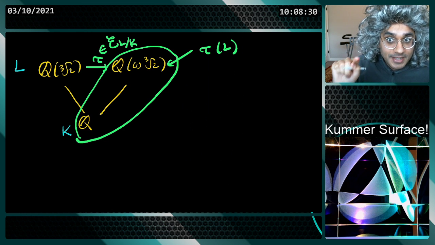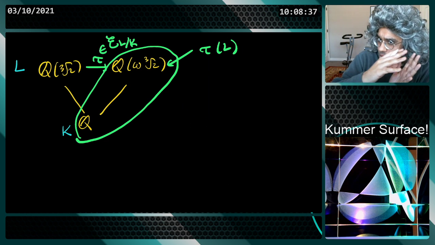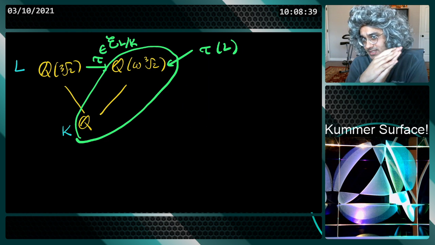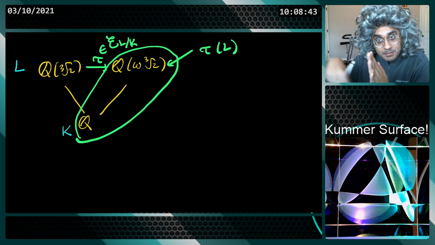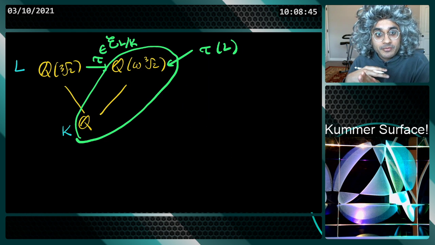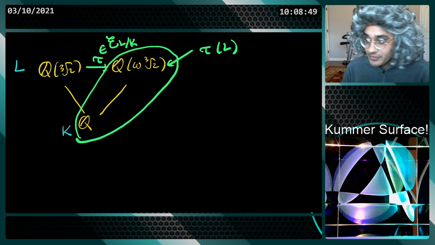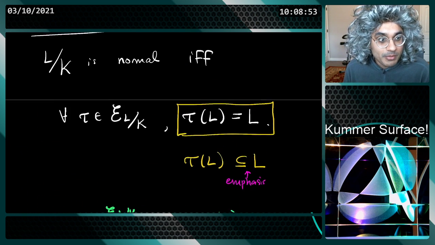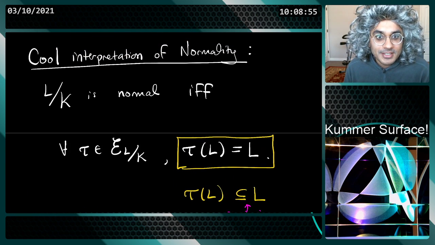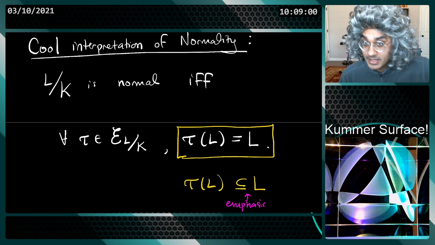That is, in fact, how you can think of normality for an arbitrary extension. There's no way of mapping this extension in a clever way that escapes the field itself. Every such way of mapping just stays within the field. It's a self-containment property that normality enjoys. All right, so this is a cool if and only if statement.